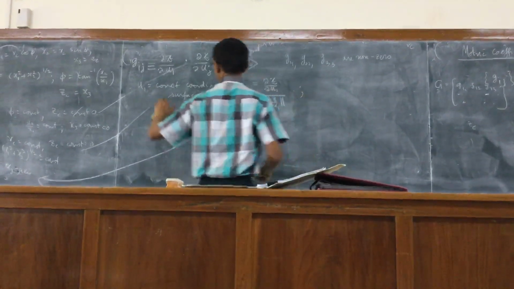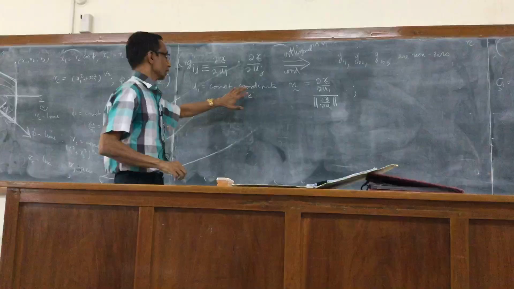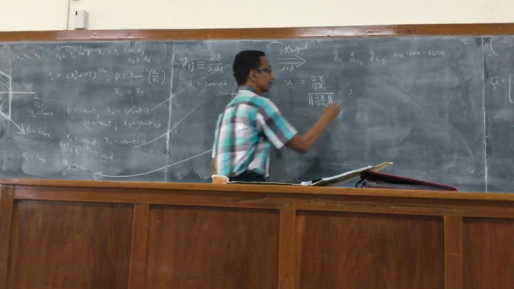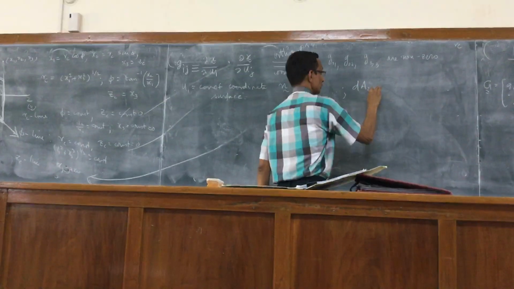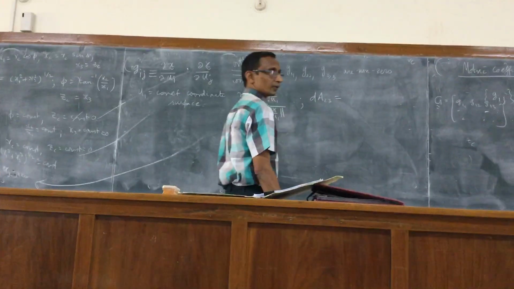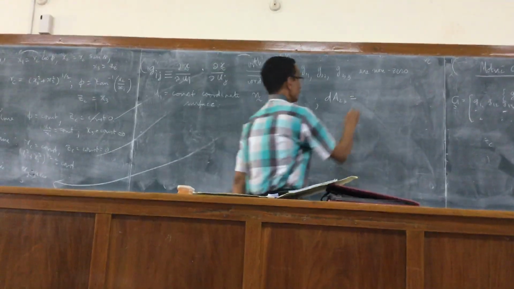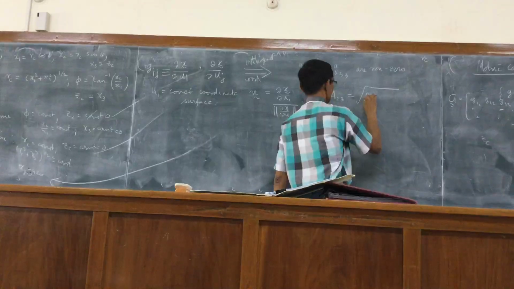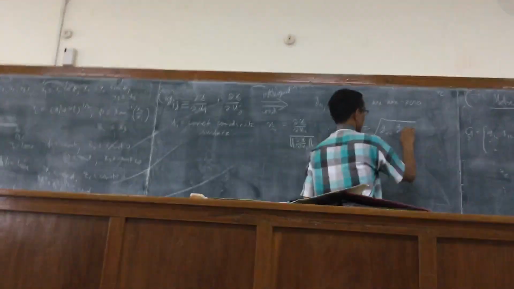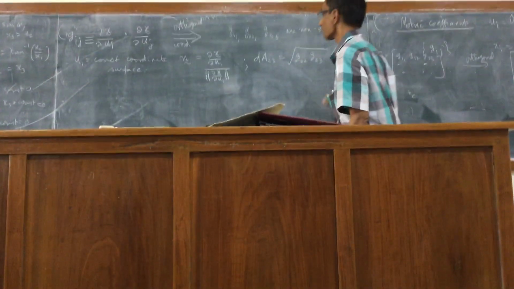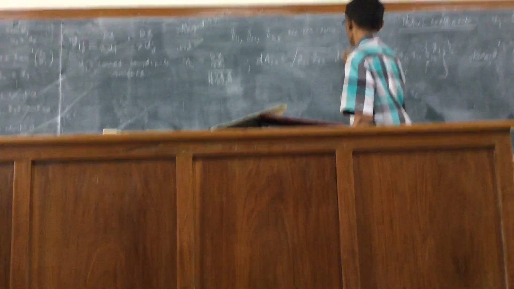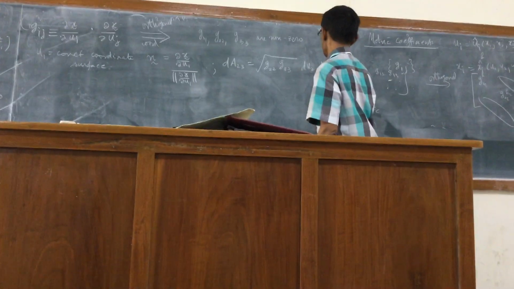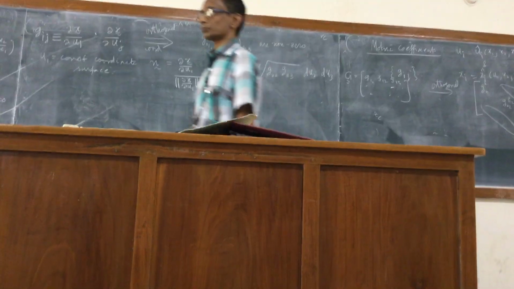The area element corresponding to the u1 equal to constant coordinate surface, I will write as dA23. That would be square root of g22 g33 du2 du3.